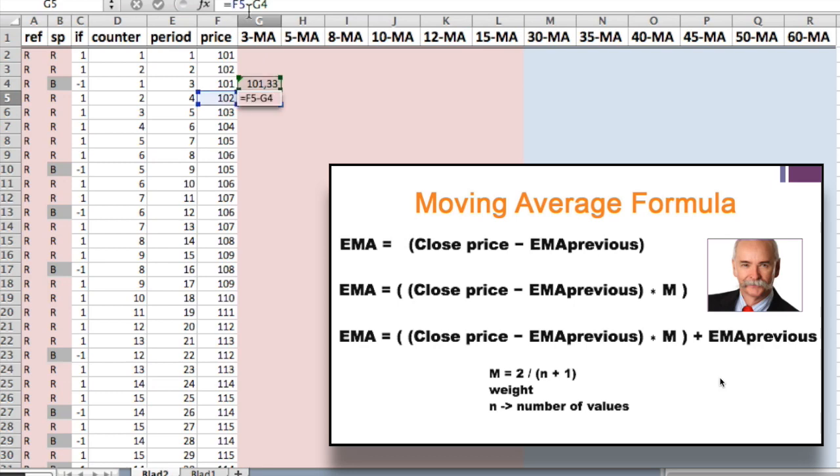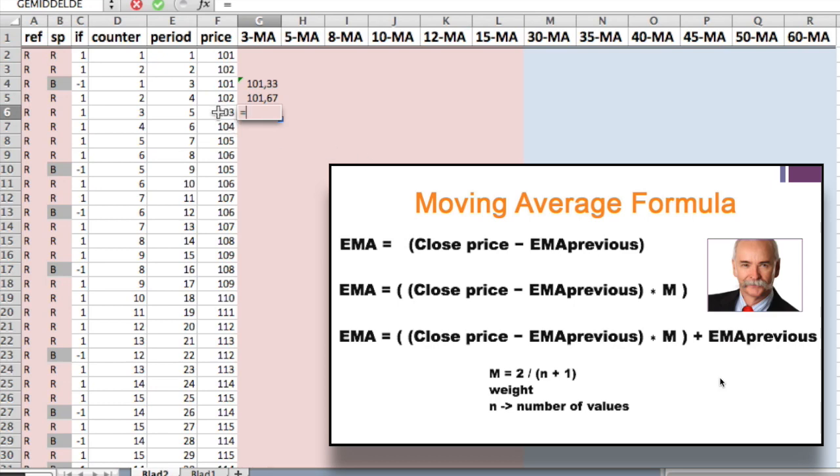And we multiply this, that was step 2, by 2 divided by 4, right? And then step 3 was you add to this the exponential moving average from the previous period. Bang. Okay? So this is the new exponential moving average.